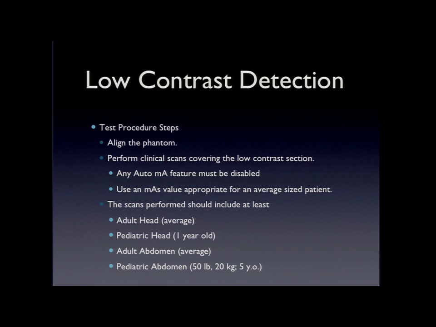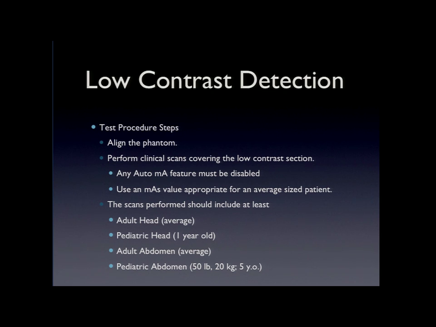Usually the adult abdomen is what we use, but for the accreditation process, you need to evaluate all of the different protocols, all 4 of them at least, because you want to make sure they can meet the criteria for low contrast detectability, and CNR is the parameter that's used to do that.